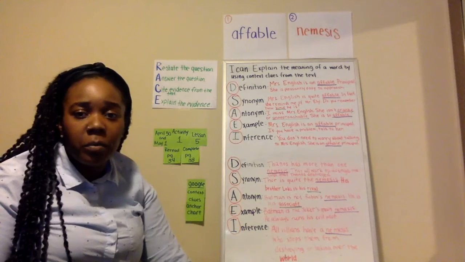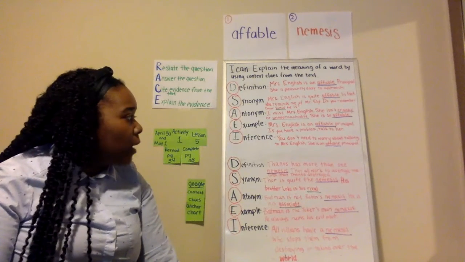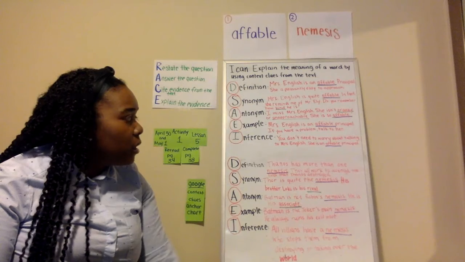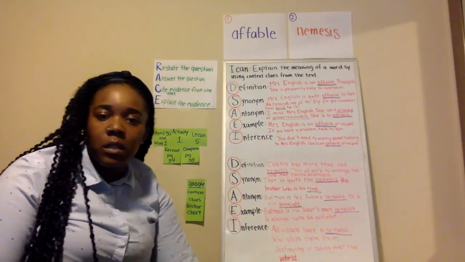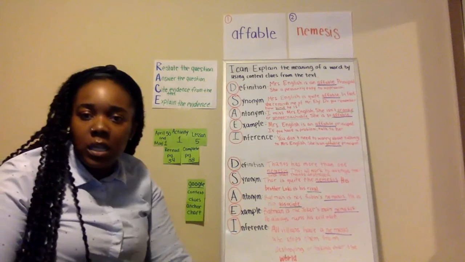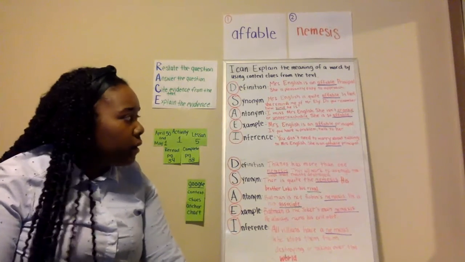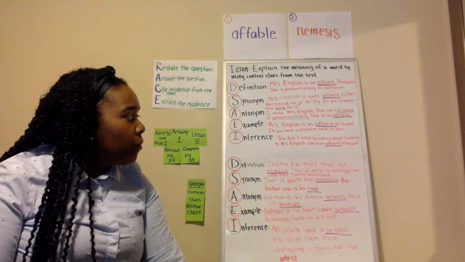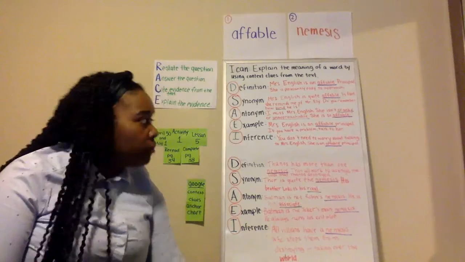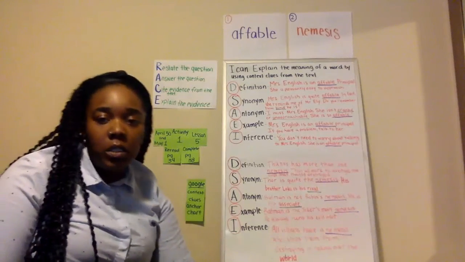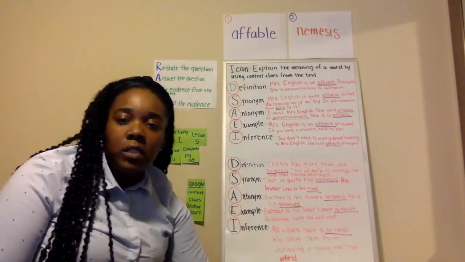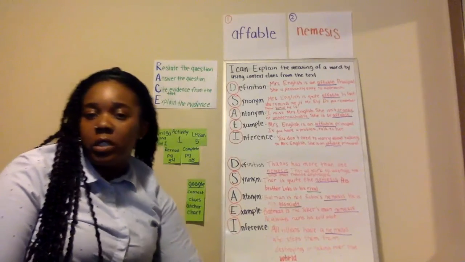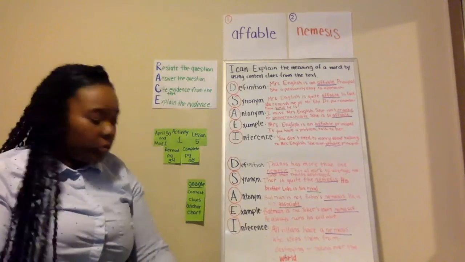She's an affable principal. Worry comes when we are unsure of how someone will respond to us. If we don't know if someone will listen, if we don't know if they care. But if we don't have to worry about talking to Mrs. English, she is an affable principal, that means that she is a kind principal. She is an approachable principal. She is a nice principal.